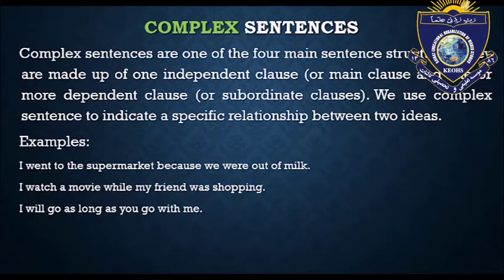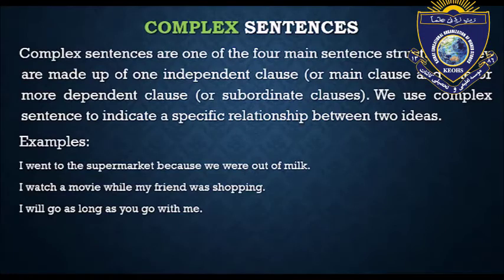I went to the supermarket, what is this called? This is a dependent clause, because of the subordinating conjunction. We were out of milk, this is what? Independent clause. Why do we call them dependent or independent clauses? I went to the supermarket. What did you do there?